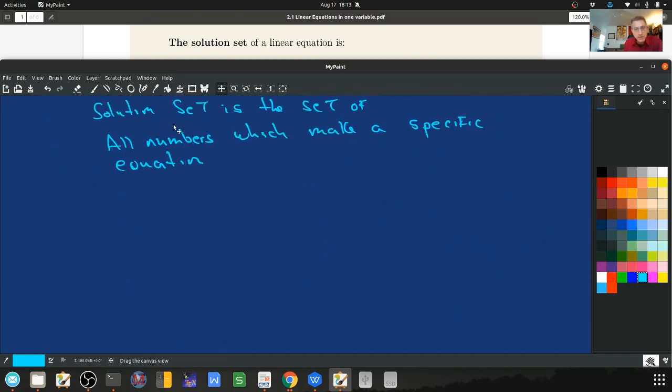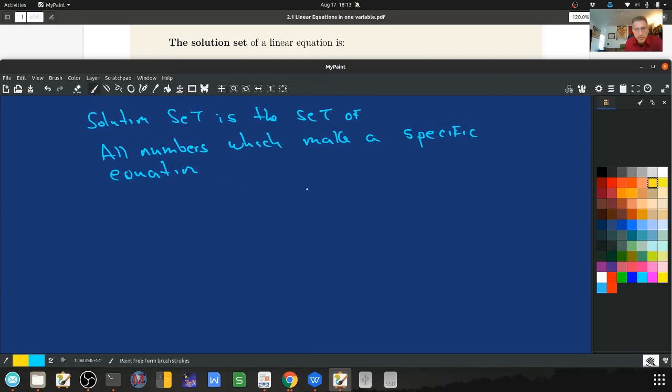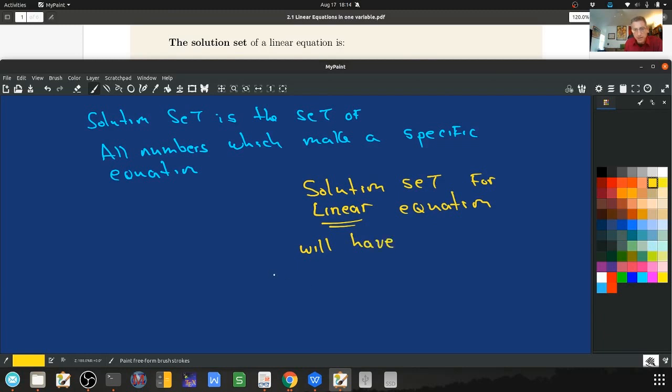As it turns out, for the solution set of a linear equation, there are 3 possibilities. This is only for linear equations, very important. What I'm telling you only holds for linear equations. There are 3 options on our menu.